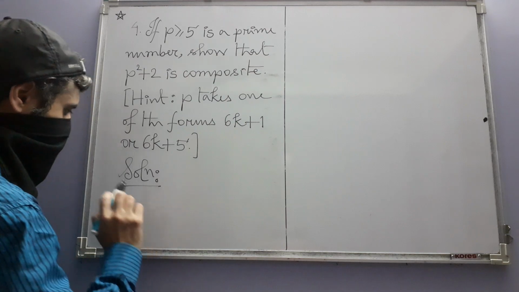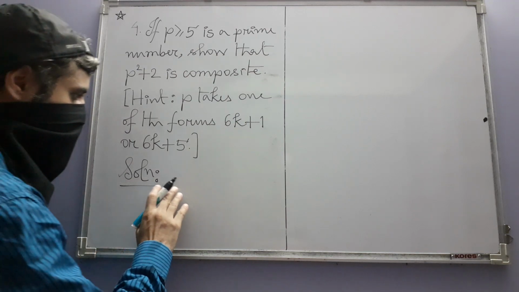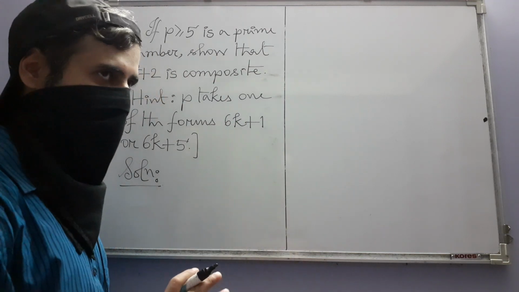From the Euclidean algorithm, we know that p takes one of these 6 possible forms.